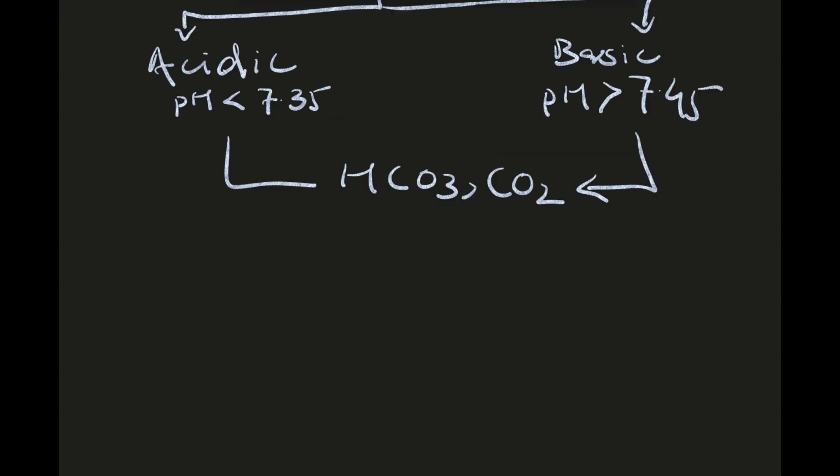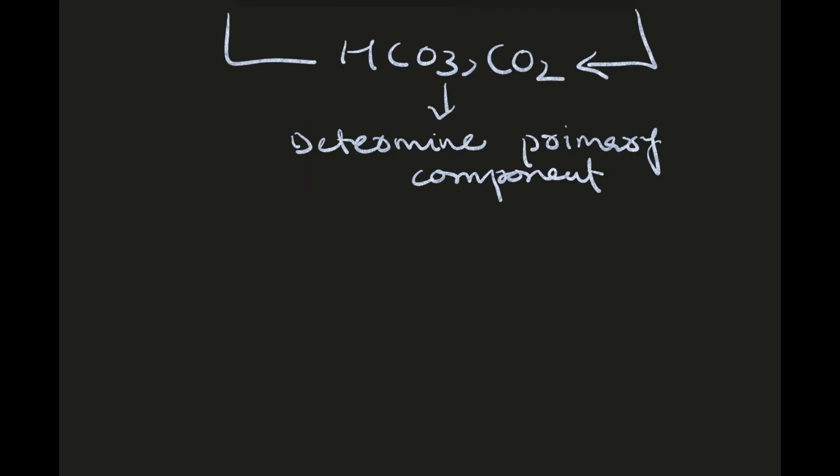Now, what is the second step? Look at HCO3 and CO2 together and determine the primary component of the abnormality. Depending upon the values, either the pH is acidic or basic.